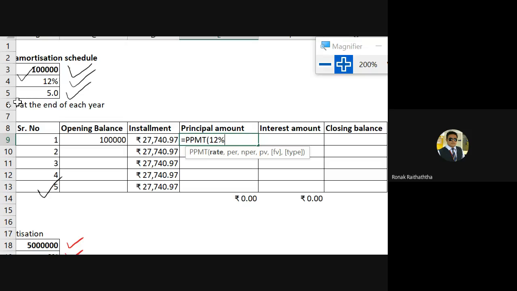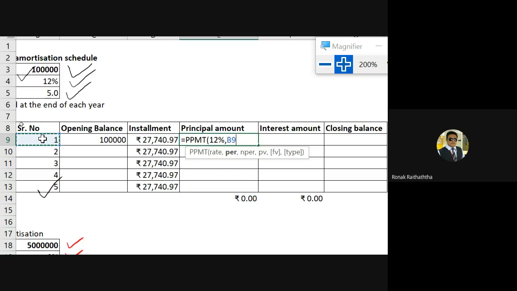12%, comma. Then PER. Now Excel doesn't know for which period you want the principal amount, right? If I write 1 over there, then in all the formulas, it will remain as 1. So what I can do is link it with the serial number here, 1.